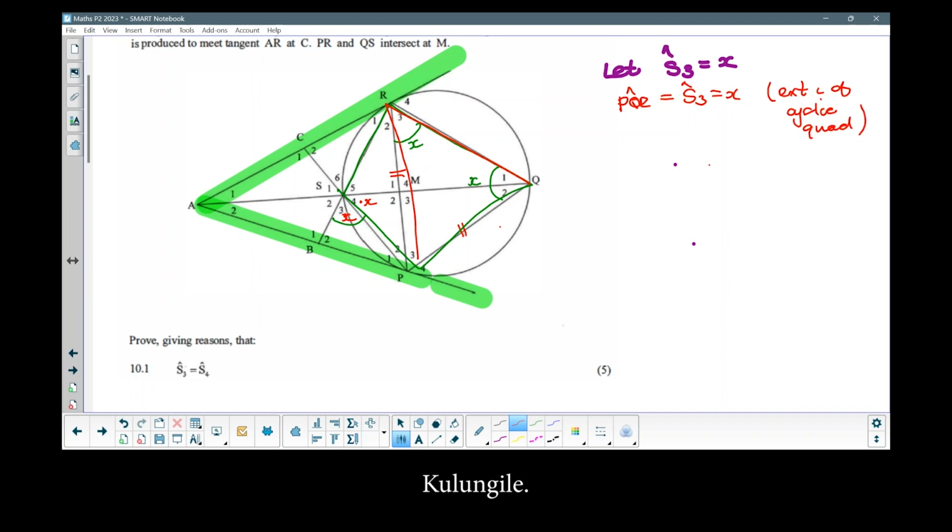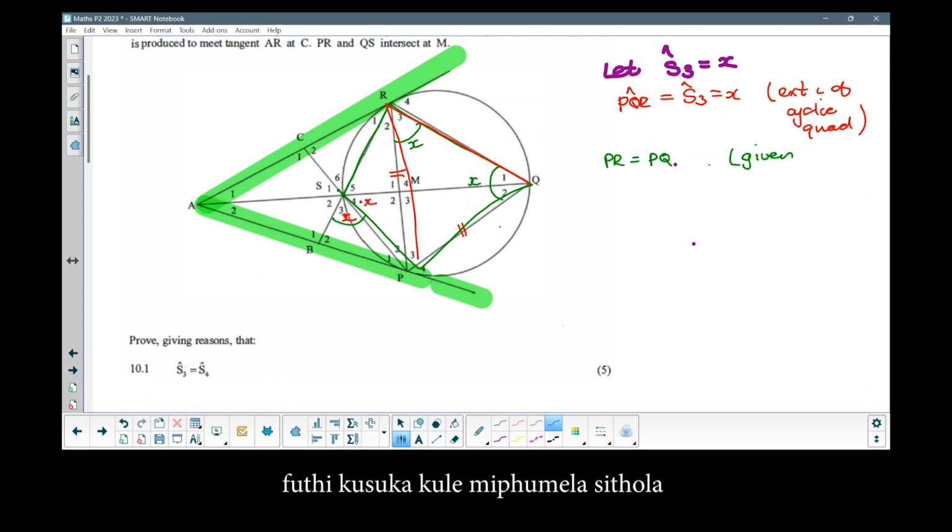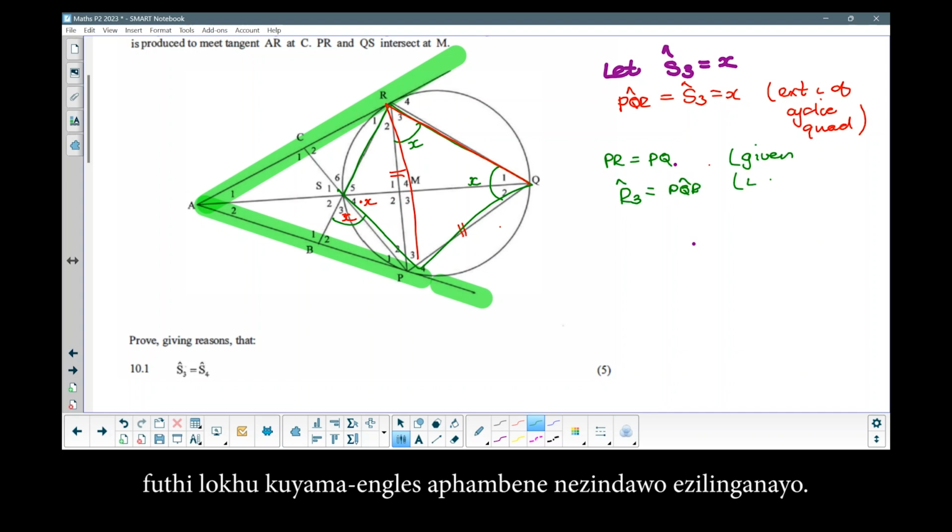All right. The next thing that we noticed was that PR is equal to PQ, and we know this because it was given. And from that deduction, we can say that therefore angle R3 is equal to angle PQR, and that's angles opposite equal sides.